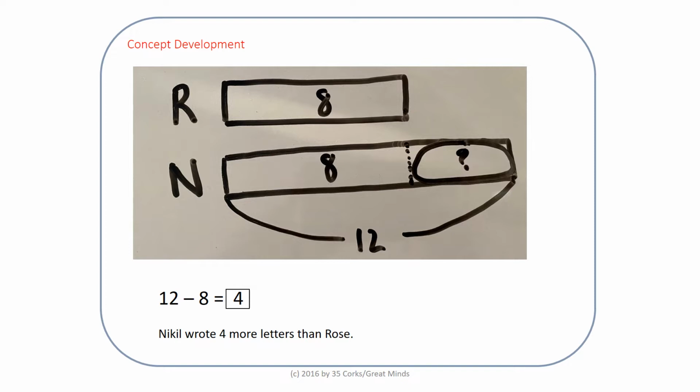And we were answering the question, how many more letters did Nikhil write than Rose? We also answered how many fewer letters Rose wrote than Nikhil. And we also figured out how many letters Nikhil and Rose wrote in all. So I'm showing my double tape diagram with my number sentence and my word statement that answers the question.